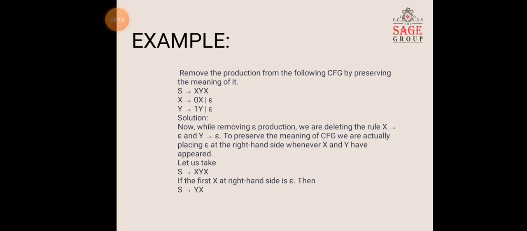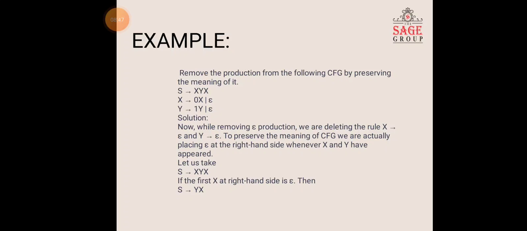Now we can't directly remove it and say that we have just removed it and that's it. No, while removing we need to preserve the meaning of the CFG. So while eliminating the epsilon production, we need to preserve the meaning of the CFG also. For that we need to see what the right hand side contains.